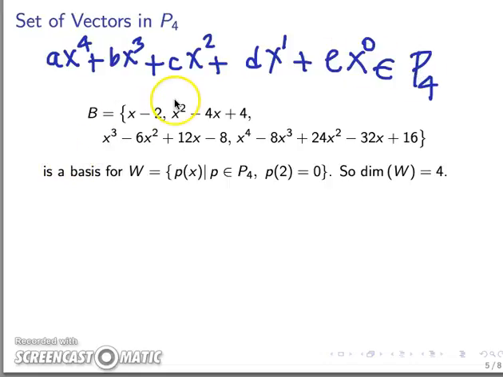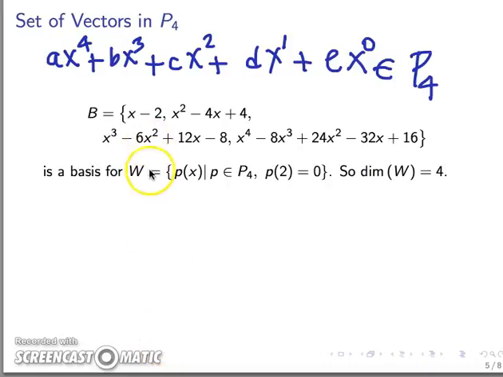Now, for P sub 4, there is a standard basis to describe the elements of this vector space of polynomials, but here we are discussing another. Here we have a set that's another basis, okay?